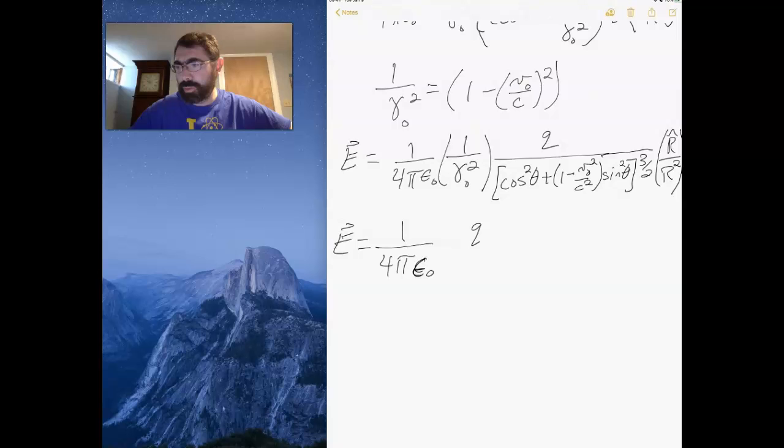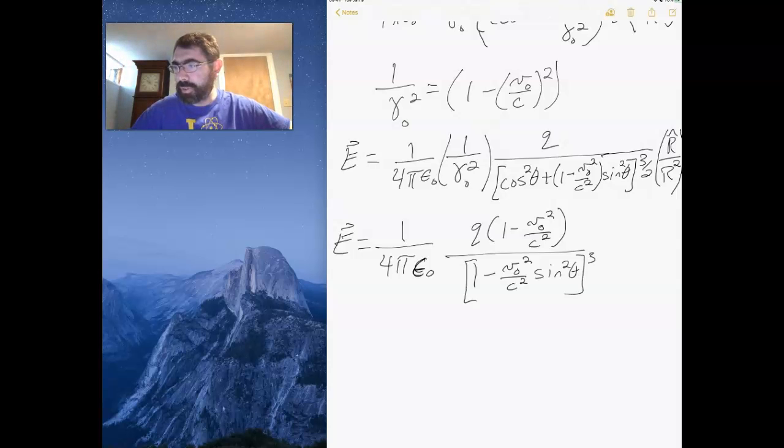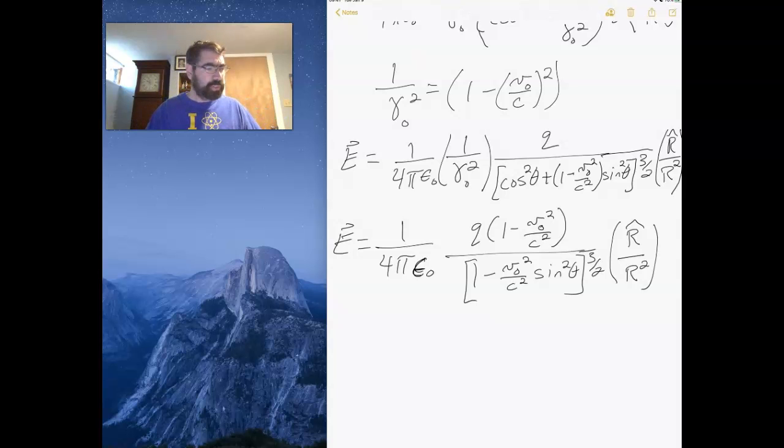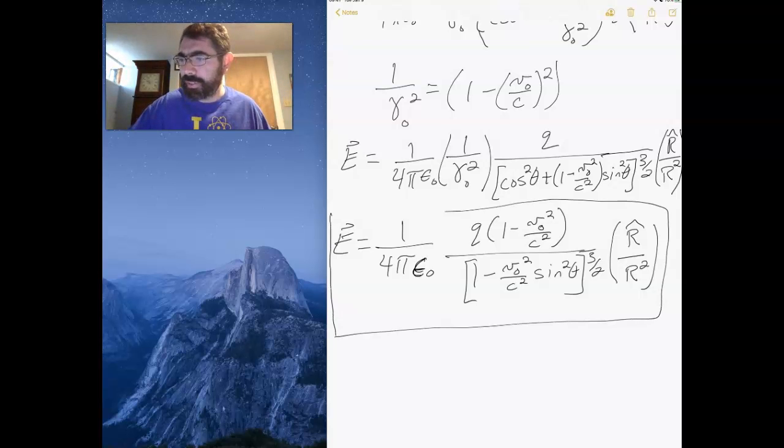So I get q times 1 minus v0 squared over c squared, over 1 minus v0 squared over c squared sine squared theta, to the 3/2 power, times r hat over r squared. Okay, I'm going to stop here and say this is the end result of the electric field that you would measure in the S-bar frame.